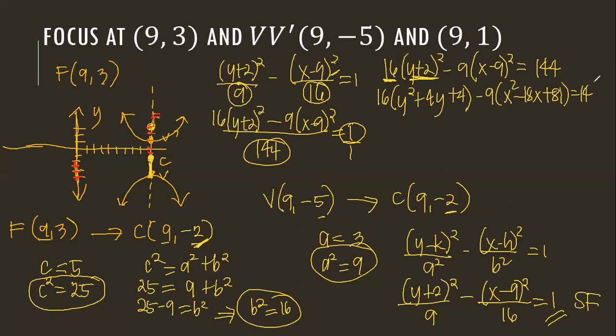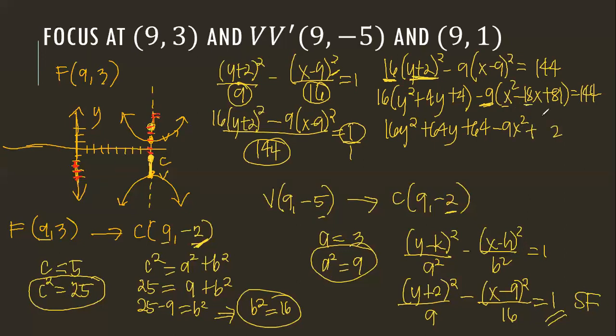equals 144. And then we have 16 times y squared is 16y squared. 16 times 4y is 64y. 16 times 4 is 64. Okay, negative 9 times x squared, negative 9x squared. Negative 9 times negative 18, so that will become positive.